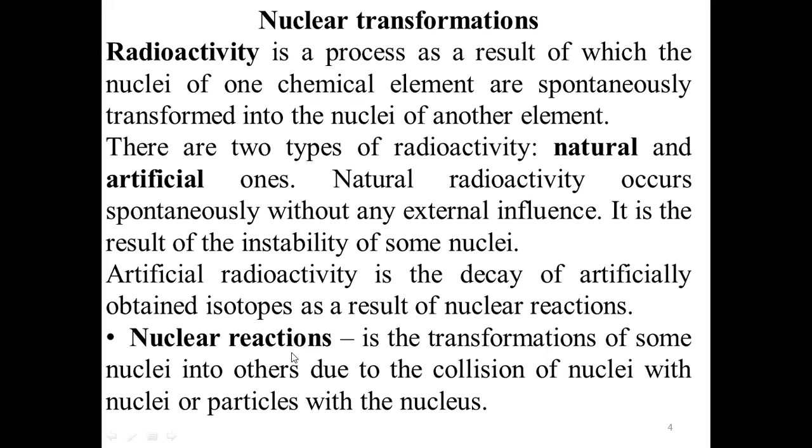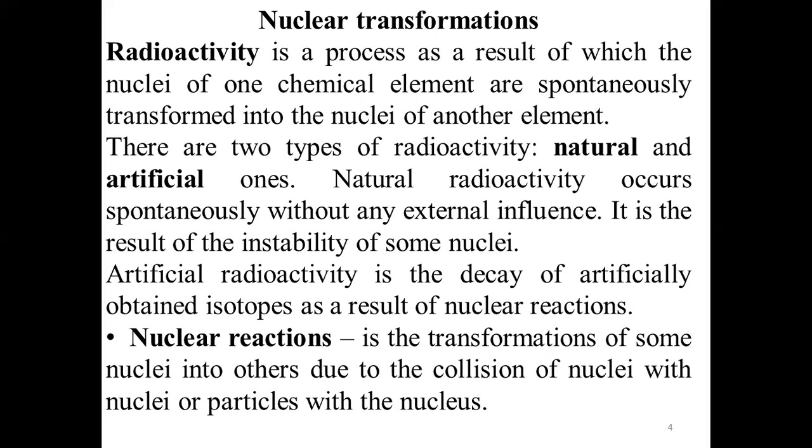Radioactivity is a process as a result of which the nuclei of a chemical element are spontaneously transformed into nuclei of another element. So we have two types of radioactivity, natural and artificial. Natural radioactivity occurs spontaneously without any external influence. It is the result of the instability of some nuclei.